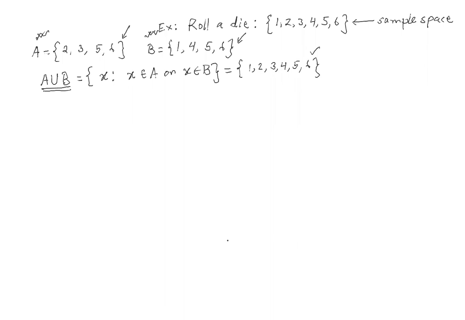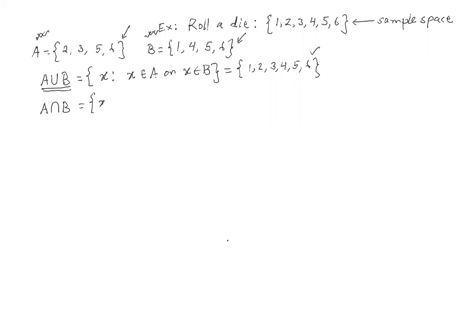Next, I'm going to create the intersection of two sets. A intersection B. Now, this is an upside down U. That's the symbol that we use for union. Now, what does that mean?